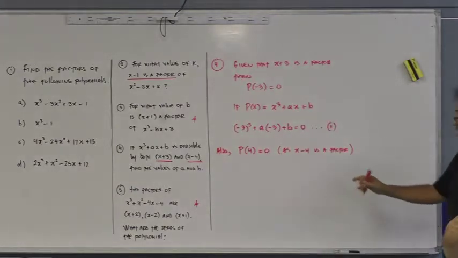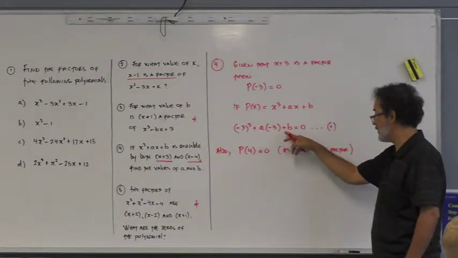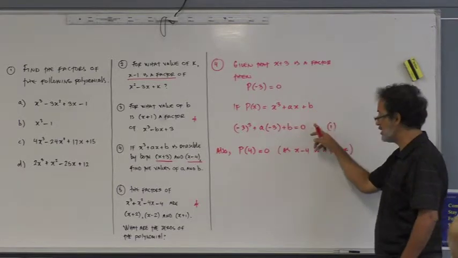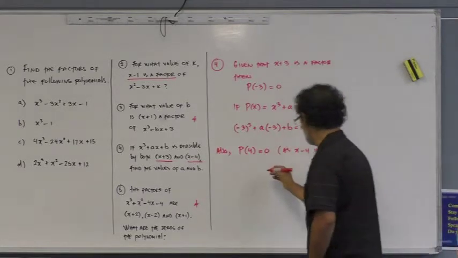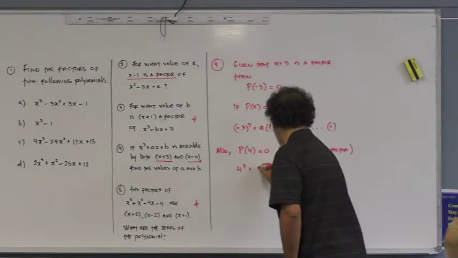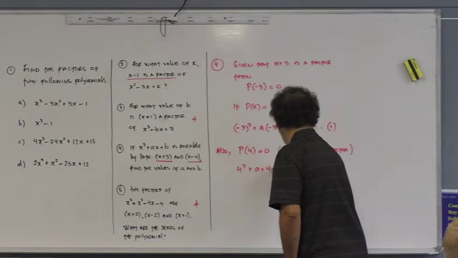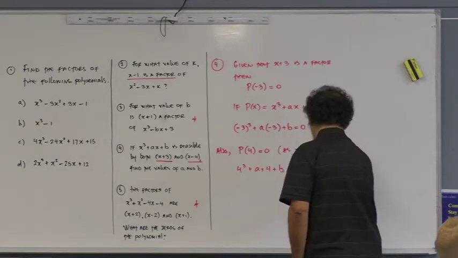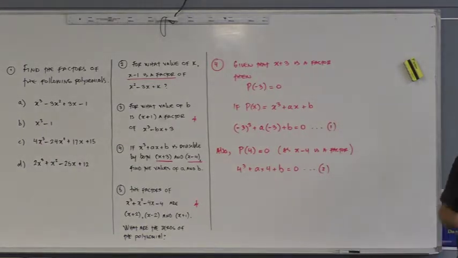And then we're going to do what we did with the previous line. We substitute 4 into my equation and equate that to 0. So we have 4 cubed plus a times 4 plus b equals 0. And that will give us the second equation.